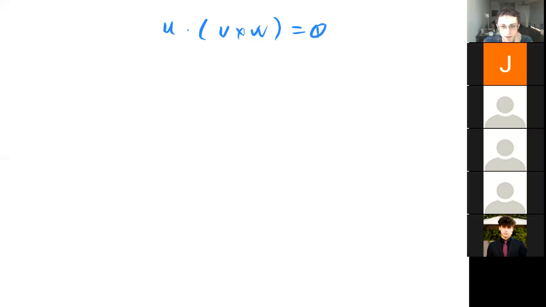So it doesn't tell you that V and W are orthogonal, but that's a good guess. Yeah, so it tells you that U is orthogonal to V cross W. So that's great. That's a good start. And what can you deduce from that? Olivia is actually very close. They're not quite parallel, but can you say something else?